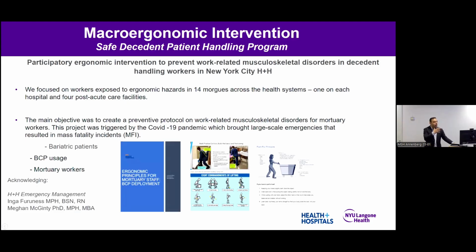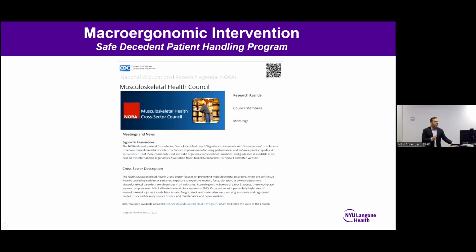And then it was something that we implemented within the hospital system, and then we expanded it through the National Occupational Research Agenda (NORA) Musculoskeletal Council, which we're members of, and from my beloved NIOSH. And then it became a national thing.